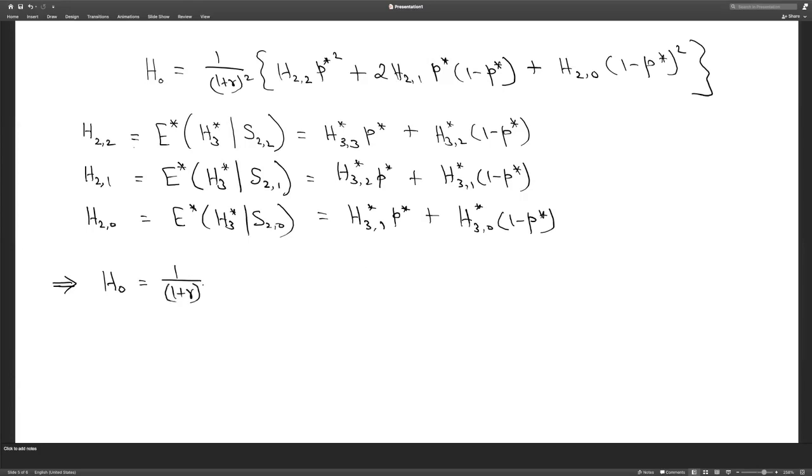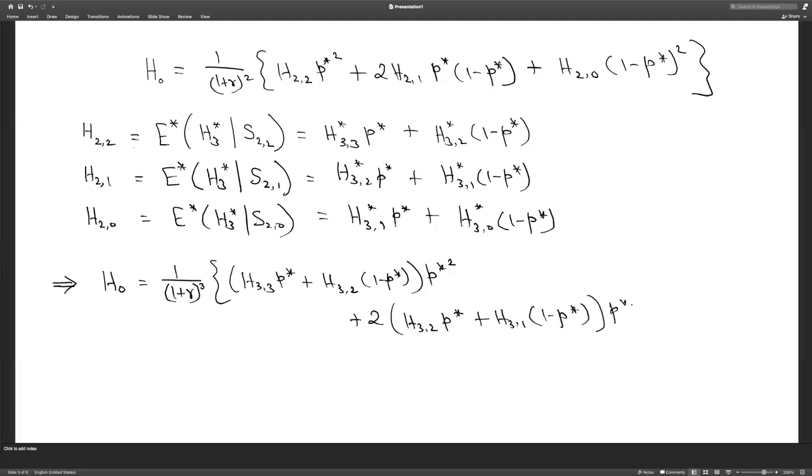Now one more 1 by 1 plus R will come out, that will make it cube, and you have H33 P star plus H32 1 minus P star, the whole times P star square, plus the second term 2 times H32, no star because we have removed 1 plus R already, therefore it's only H32 P star plus H31 1 minus P star, times P star into 1 minus P star, plus the last term H31 P star plus H30 1 minus P star, into 1 minus P star, the whole square.